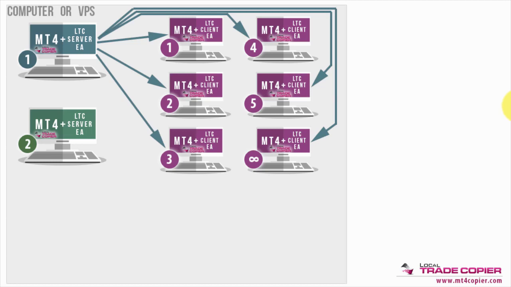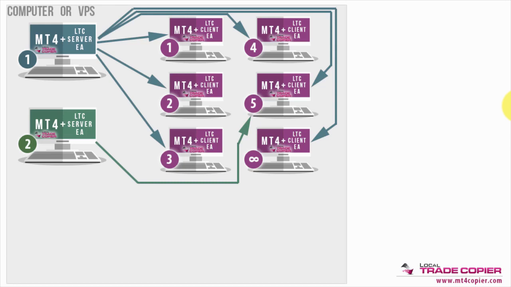Then I link this master account number 2 to copy trades just to the MetaTrader client account number 5 as an example. So now you have master account number 1 copying trades to all the MetaTrader client accounts I have, but master number 2 copies trades only to number 5 client account.